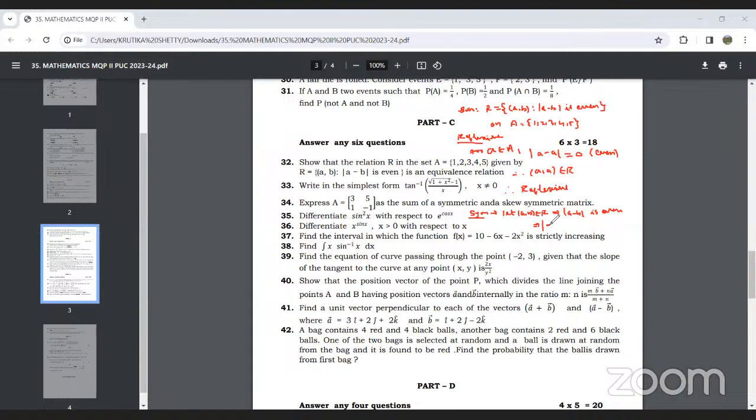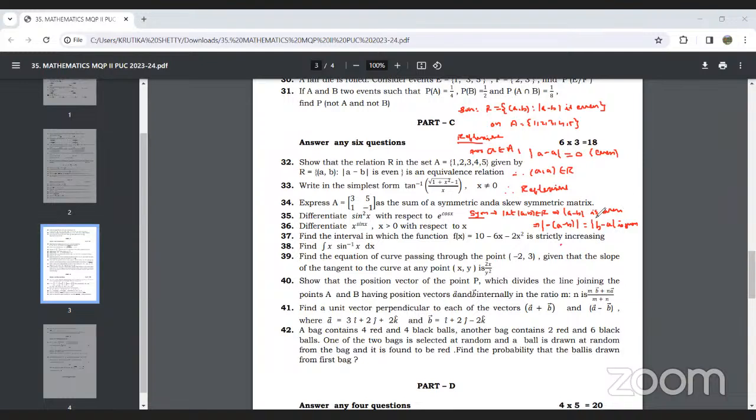When I take the negative sign common, b is positive and a is negative. Because of the modulus sign, this is the same as |b - a|. If |b - a| is even, it means this is also even. So change of sign will not change whether the number is even or odd.